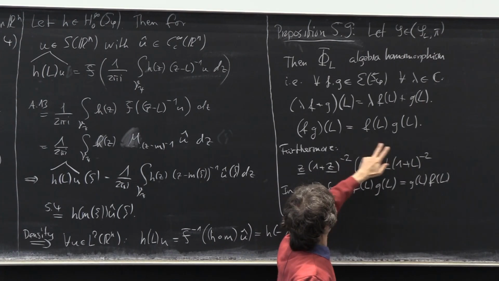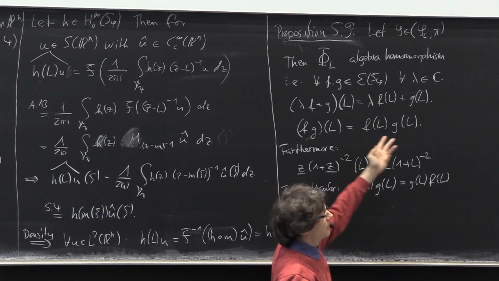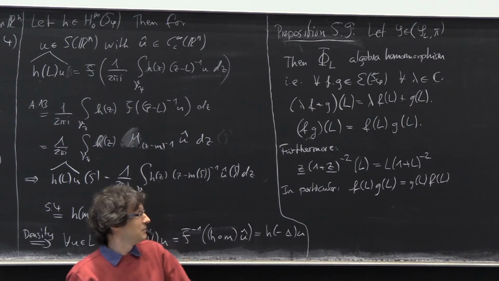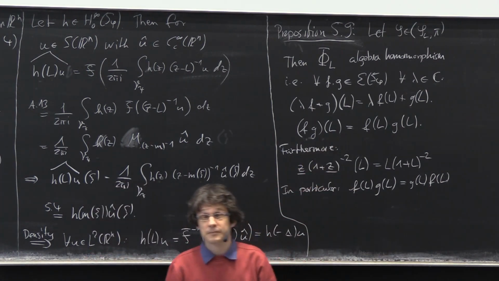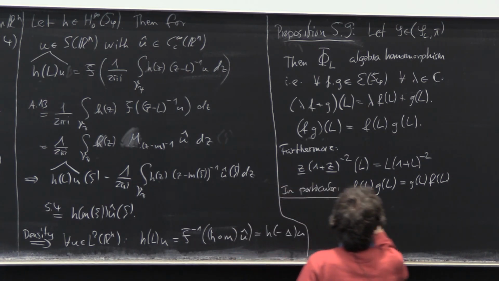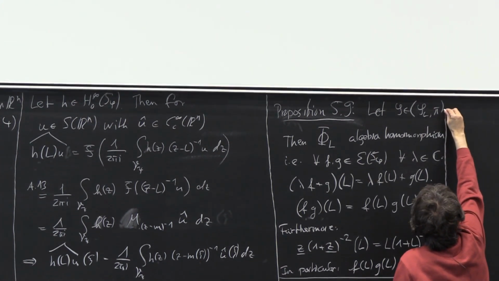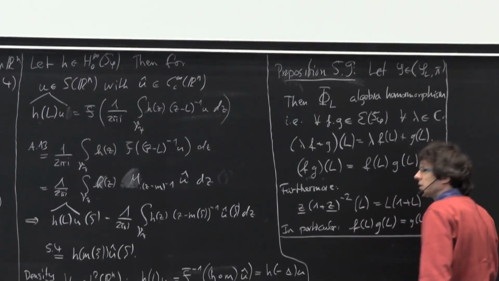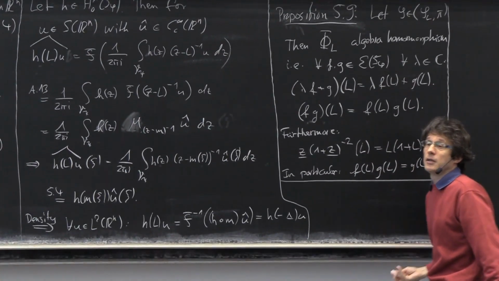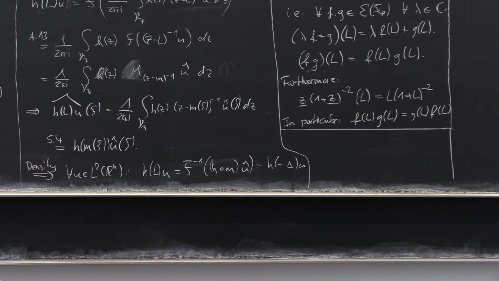So f of L times g of L is (f times g) of L, is (g times f) of L, is g of L times f of L. So this comes immediately from this one. Okay. This means that the image of Phi_L always is a commutative subalgebra.